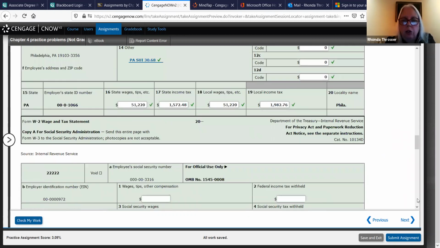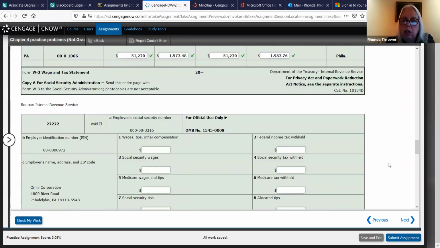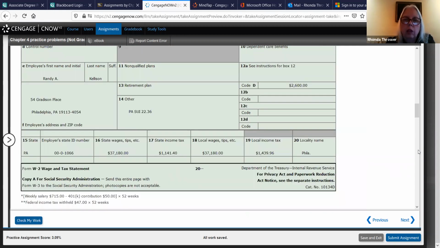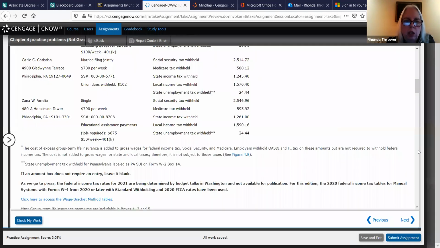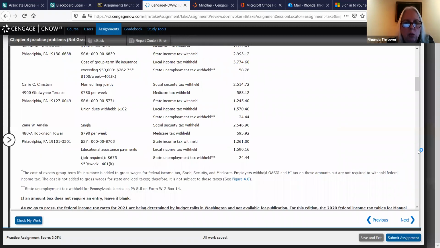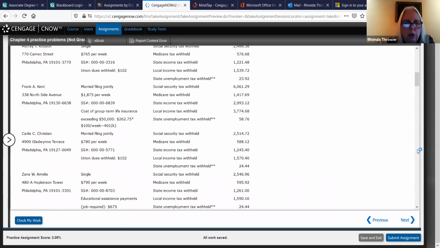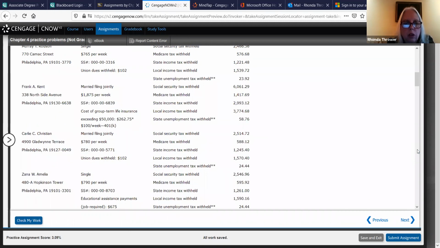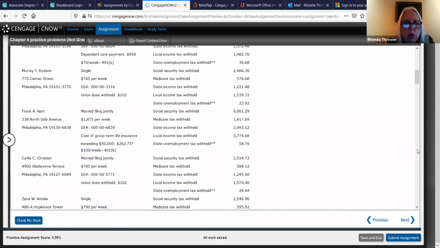All right, and then you're going to do basically the same thing for the next problem. And so to save us some time on this, I just want to show you what they have different for this person. So we're going to look at Murray Rodson. That's the next person. He's single.